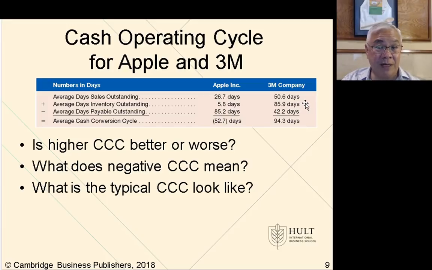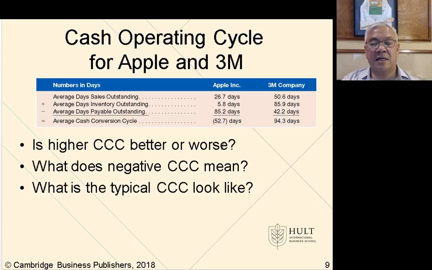Takes them about 3 months to sell all their products. Again, not ideal, but understandable. And how long will their vendors tell them they could pay? The vendors aren't as patient. They say, no, pay me in 30 days. And they pay in 40 days. So in their case, the CCC is 50 plus 85, which is 135, minus 40, which is about 90, right? So their CCC is 90.